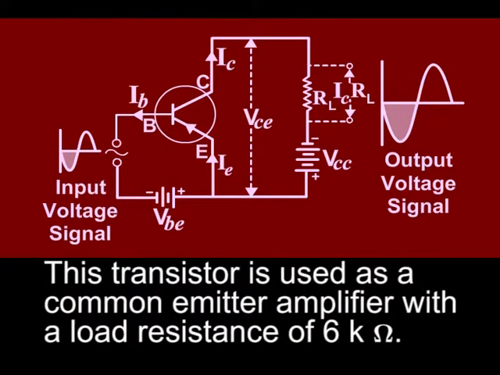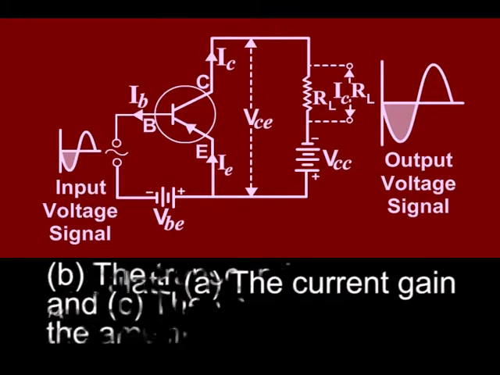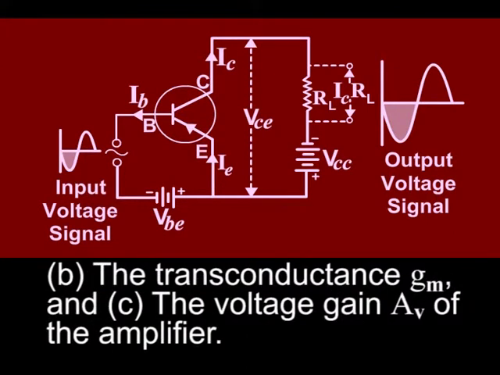This transistor is used as a common emitter amplifier with a load resistance of 6 kilo ohm. Calculate A. the current gain beta AC, B. the transconductance Gm, and C. the voltage gain AV of the amplifier.